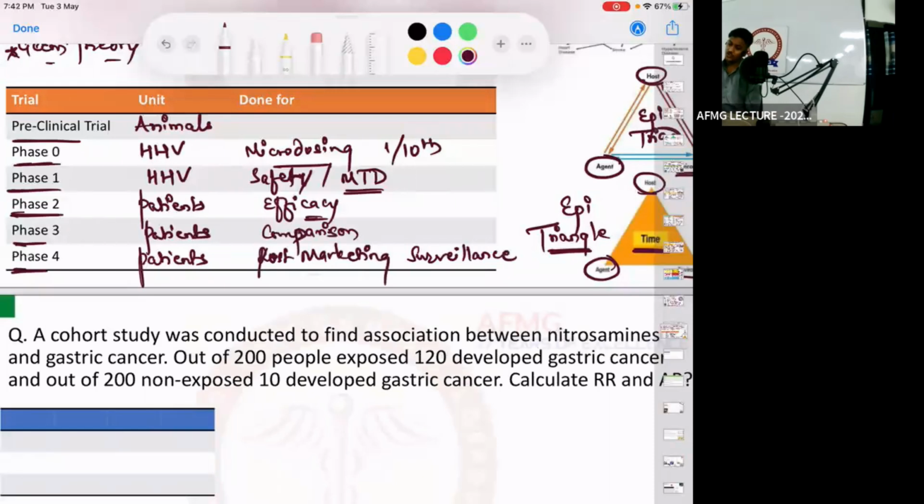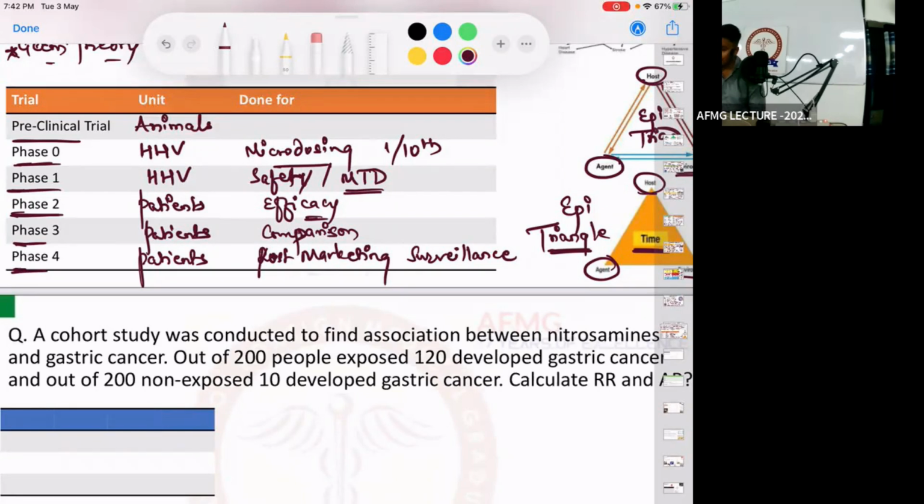Now answer my question, quickly. Animals are taken into study in. Healthy human volunteers, phase 0 and 1. Patients, phase 2 onward. Safety is assessed in. Maximum tolerable dose in. Non-toxicity in.